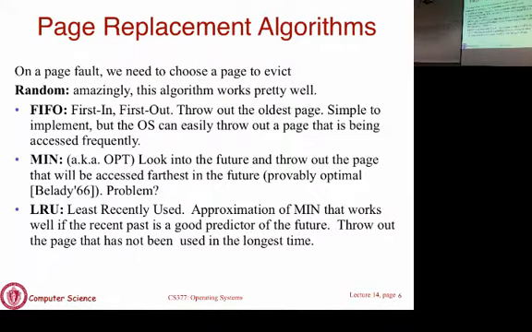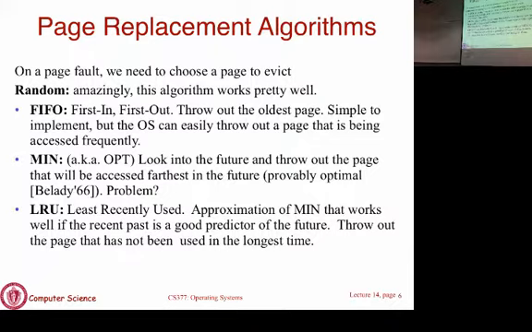And you can prove that this is an optimal policy if your goal is to minimize the number of page faults. I'm not going to prove it, but you can intuitively see why. You are postponing page faults as much as possible. You're throwing out the page that's going to be accessed the farthest in the future. No other page could have been thrown out that would have any page fault further into the future, because this is the farthest one.